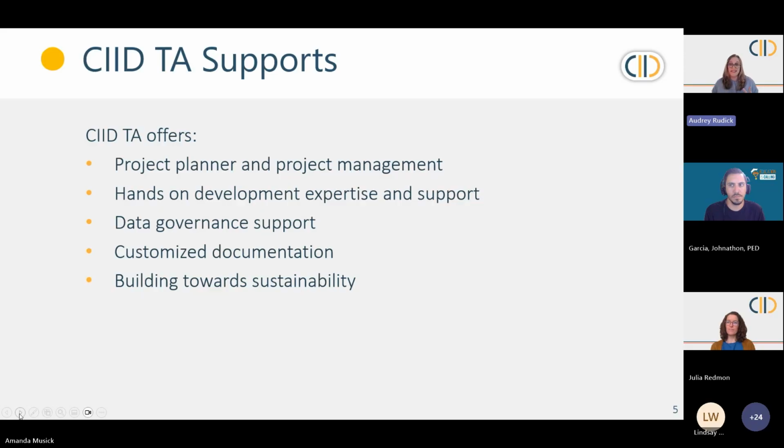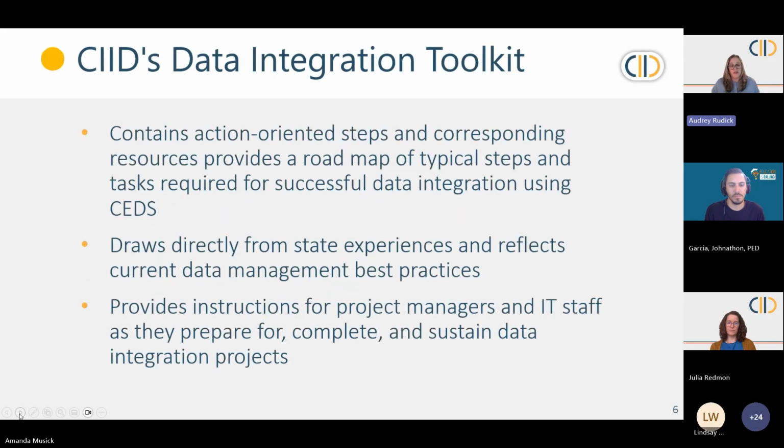As this is a process supporting change, really, that governance is such an important piece. CIID TA also supports the creation of customized technical and process documentation as states build towards sustainability of their Generate implementation. And we do that through the use of our toolkit, our data integration toolkit.